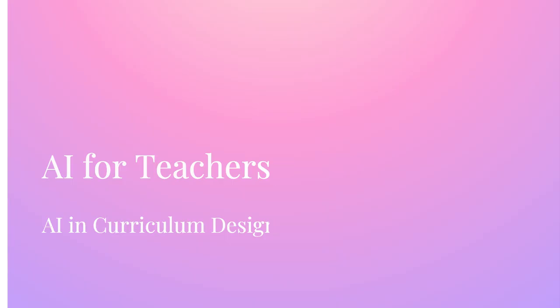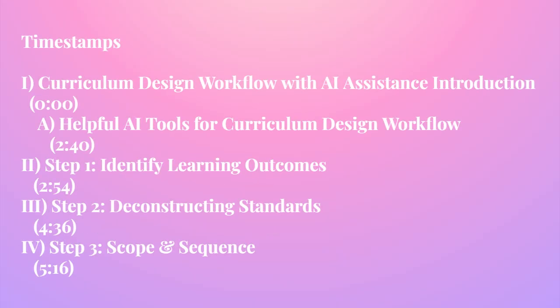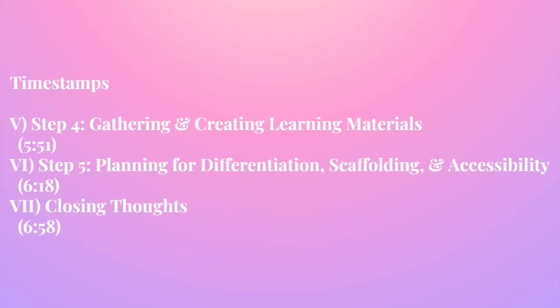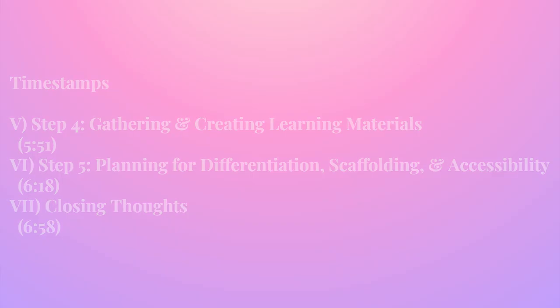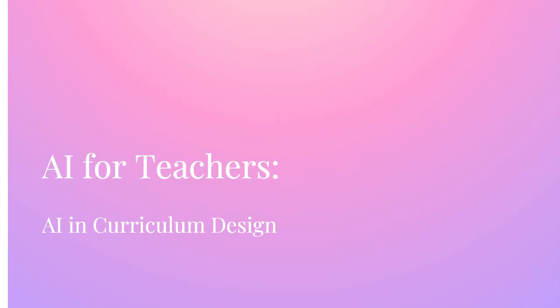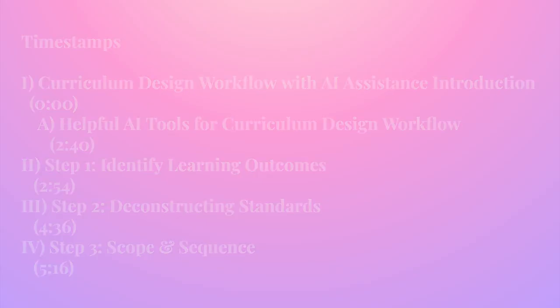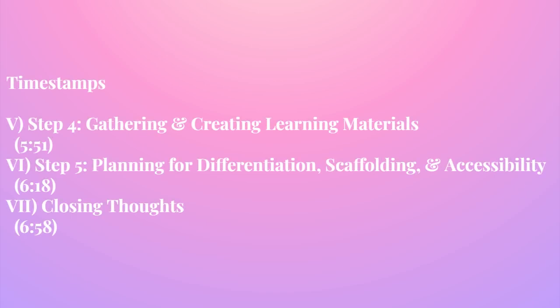Most all of the curriculum design workflow takes place in the planning and preparation use case area. The last part of the curriculum design workflow, though, is differentiating, scaffolding, and making sure that the learning experience and learning content is accessible to all learners. So that is within the use case area of differentiation, scaffolding, and accessibility.